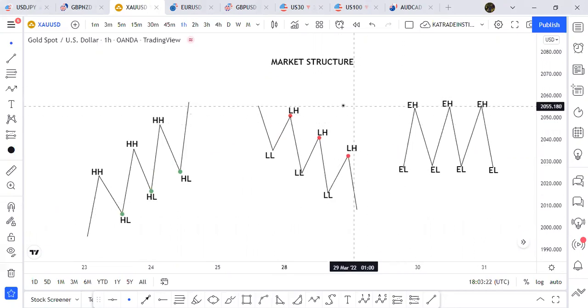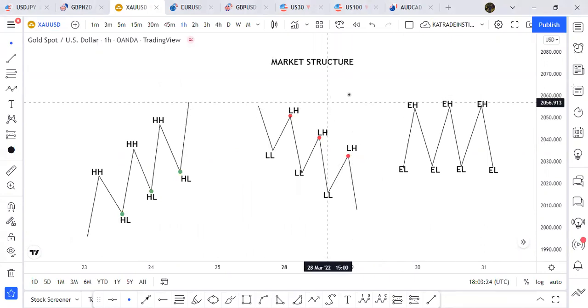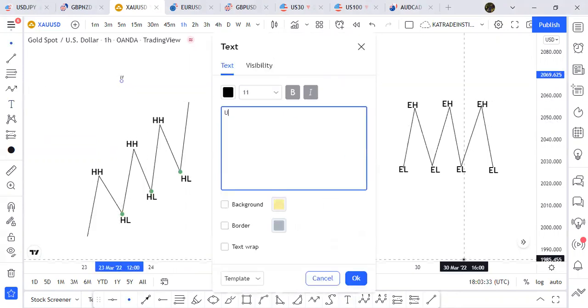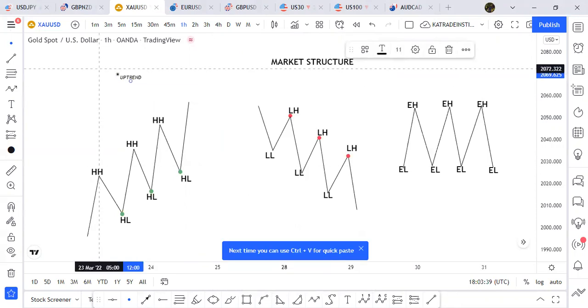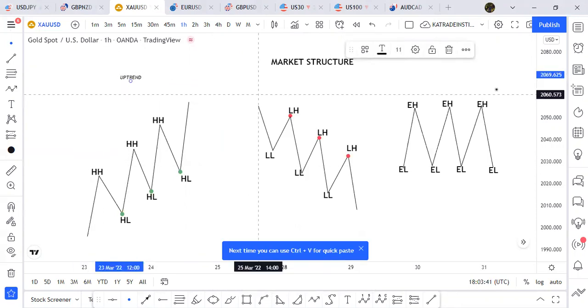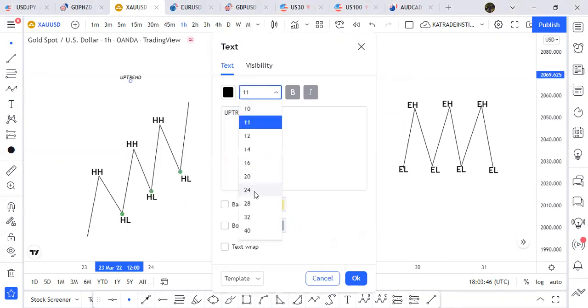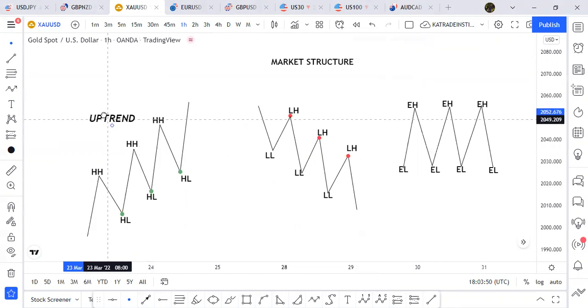We have three major types of market structure. We have the uptrend. This is the uptrend.